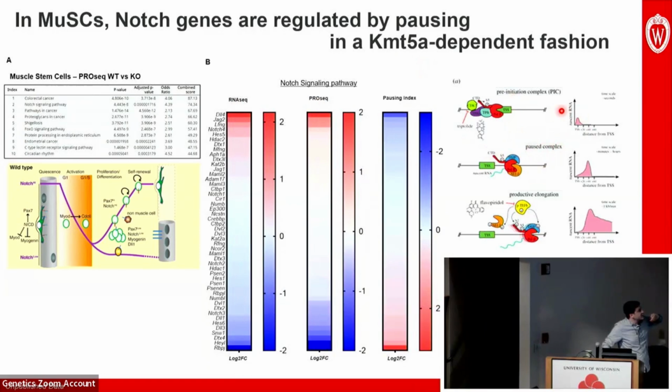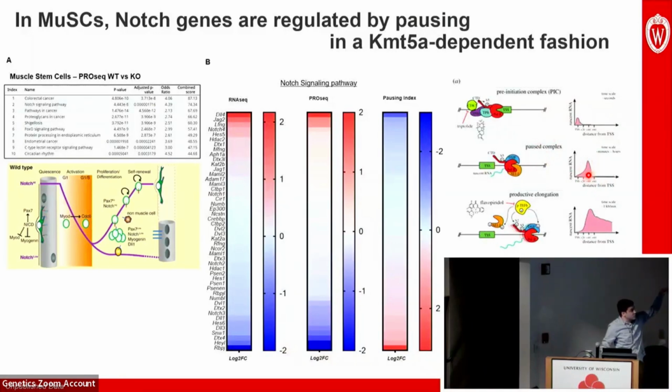So what you see here is the pre-initiation complex that binds the TSS. If the gene is regulated by pausing, what you're going to capture on the PRO-seq is this very peculiar profile where you have stalling of the pre-initiation complex, maybe 50 to 250 base pairs away from the TSS.